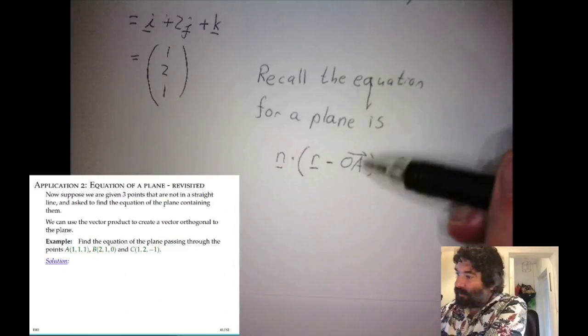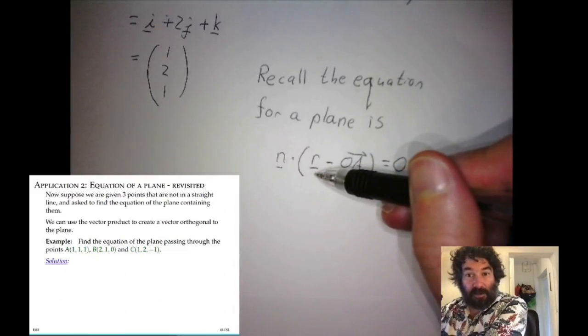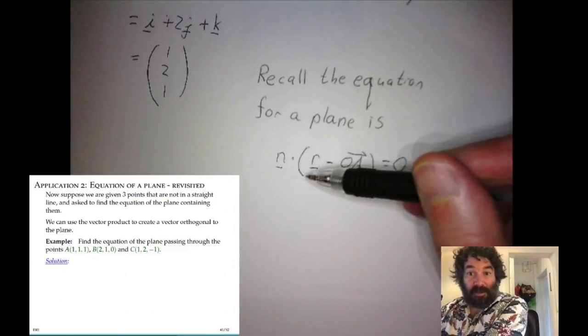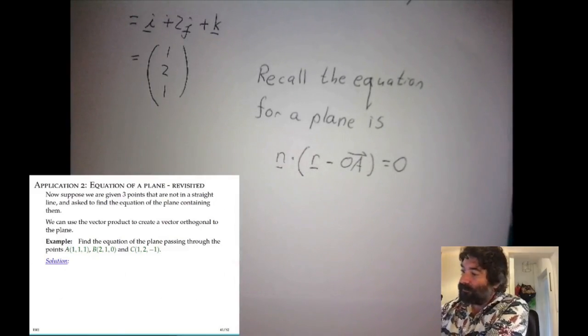And this is saying that the vector from a to another point in the plane r has got to be orthogonal to the normal vector.